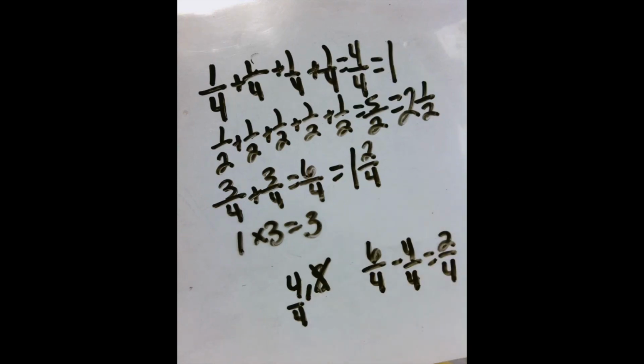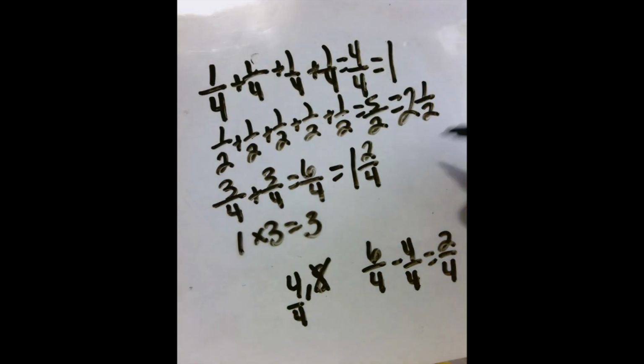All right, now this is, oh my goodness, I love this. So we see that 1 and 2/4 can be simplified. So I want you to take a minute and think, what mixed number is 1 and 2/4 equal to that has a denominator smaller than 4?